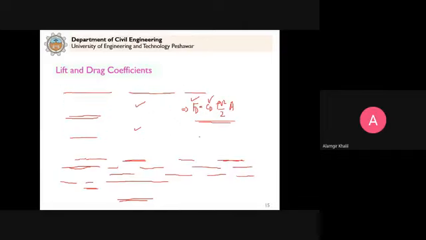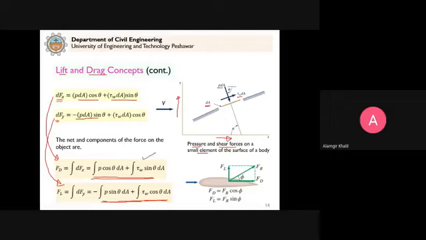Otherwise you have to integrate these equations, which is not a convenient way to calculate the drag and lift forces on bodies.